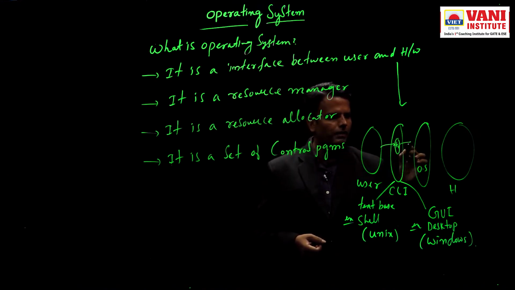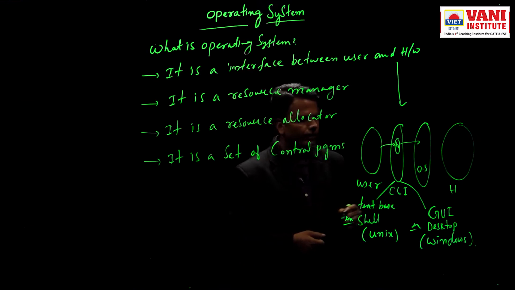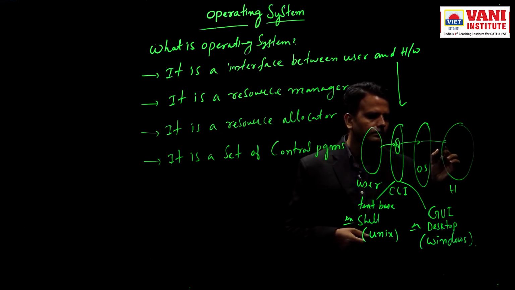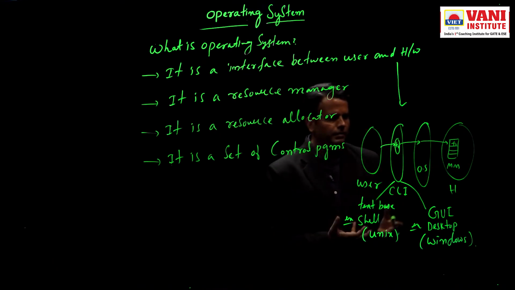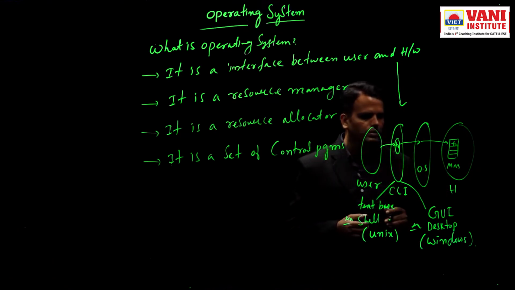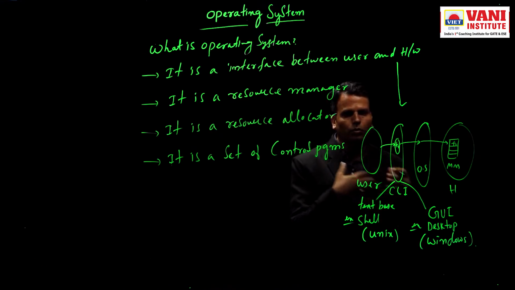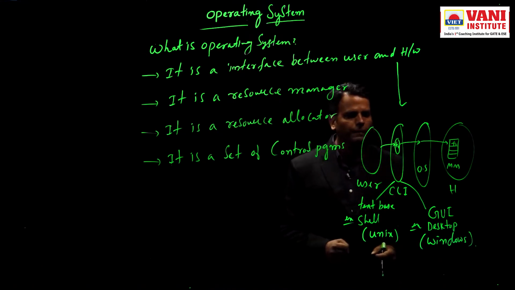This request operating system will take, and it will go to the main memory and check that file. If this file is present inside the main memory, then it will schedule it on CPU. If it is not present, then it will go to the hard disk and bring it.